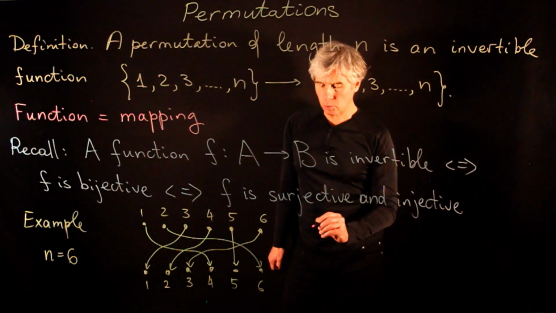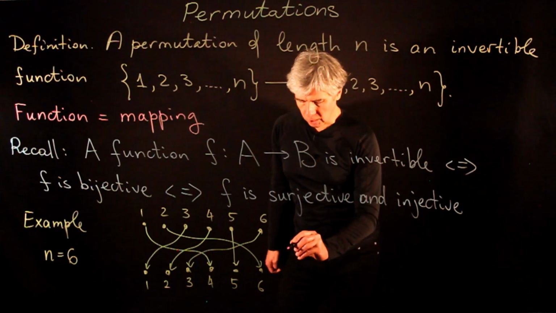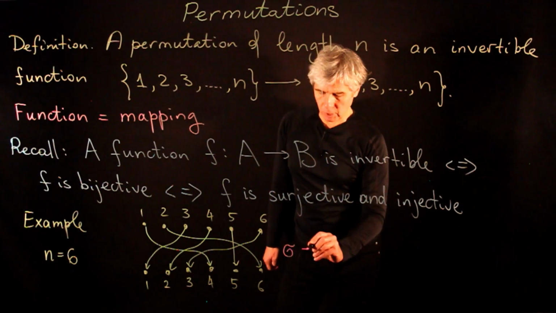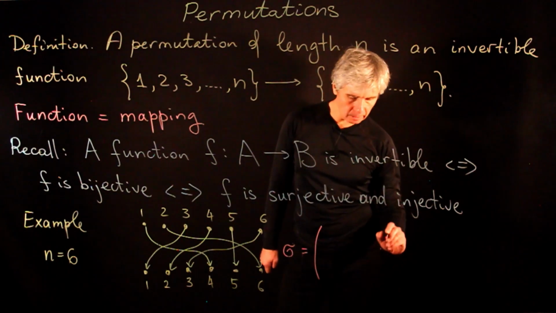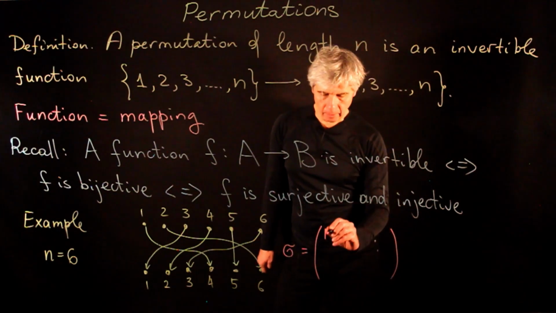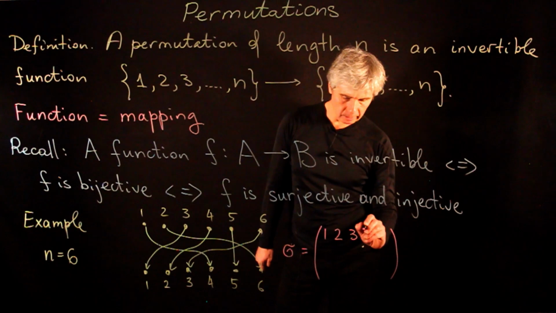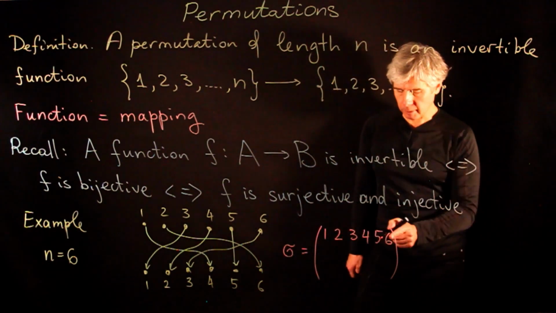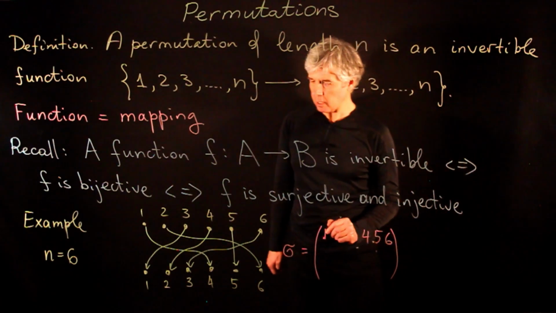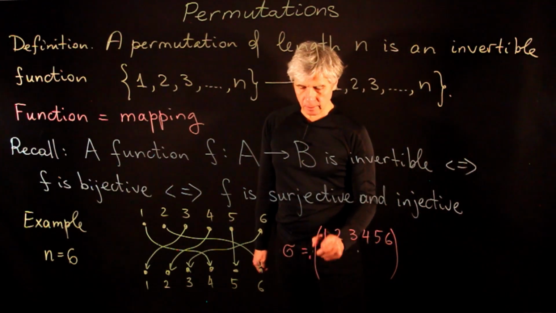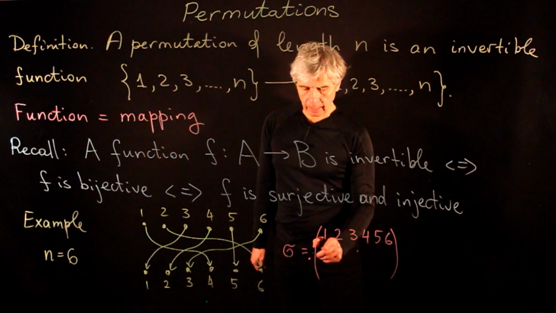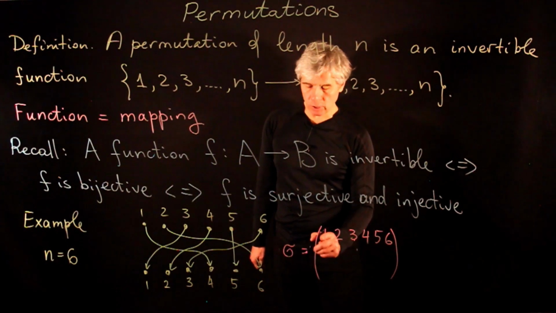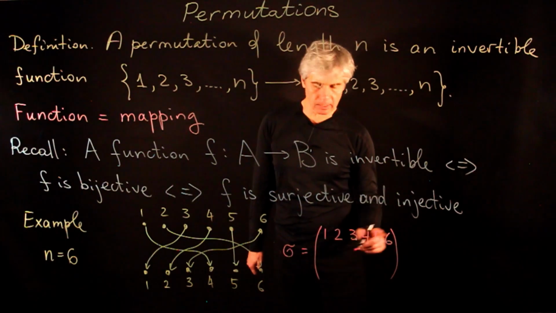It is customary to use Greek letters to denote permutations. So if this permutation is sigma, then there is a more compact way of denoting it. In the top row, we will write all first 6 integers, and then in the bottom row, we specify what are the images of these numbers.